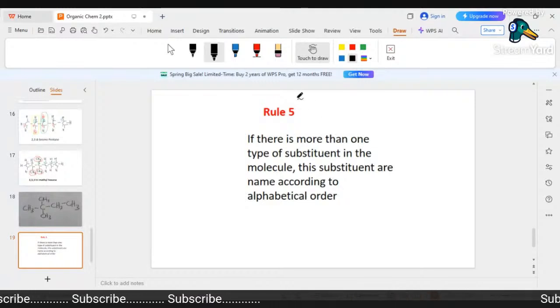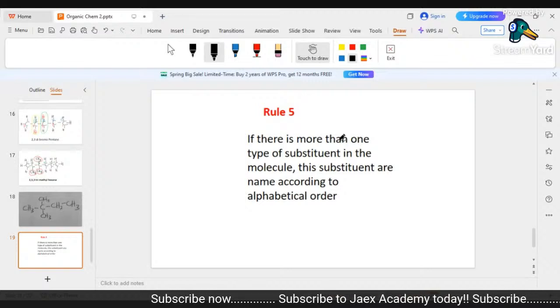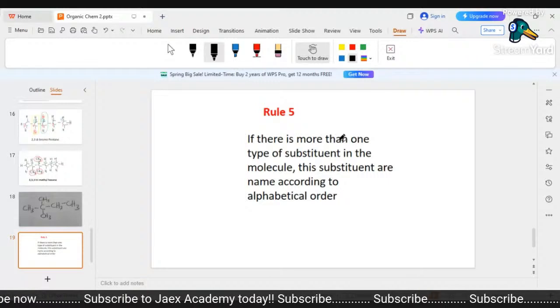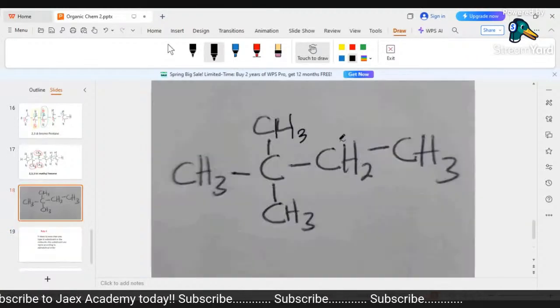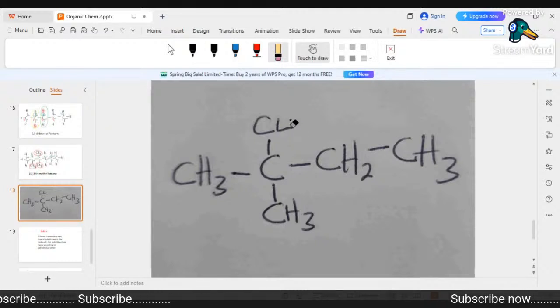All right. So rule number 5 says that if you have different substituents in an organic compound, you should start by naming them according to the alphabetical order. Now, let's go back to this one. This was the one I modified so that you guys can be able to answer. But let's look at this very well.